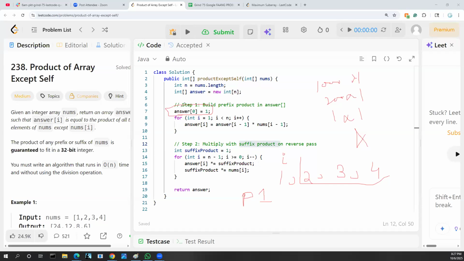So answer of 0, the first element of this answer array, is going to be 1. Now, this loop starts from the next element. We cannot include this. So now I have to move my window. My prefix window will increase now.